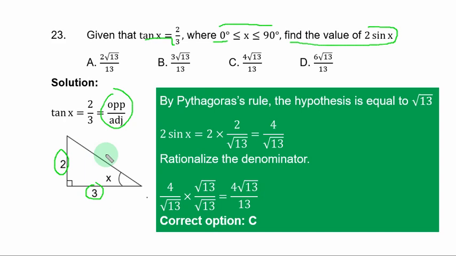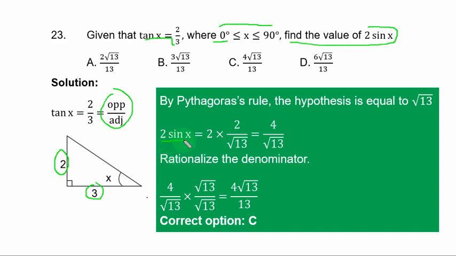By Pythagoras rule, the hypotenuse is root 13. You know hypotenuse square is always the sum of squares on the other two sides. That is 2 square, that is 4, plus 3 square, 9. You have 13. So to get the hypotenuse, you take the root of both sides and you have root 13.